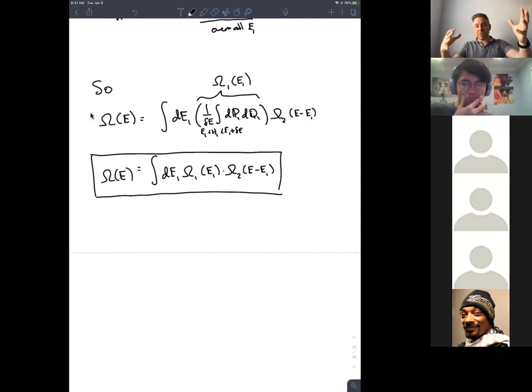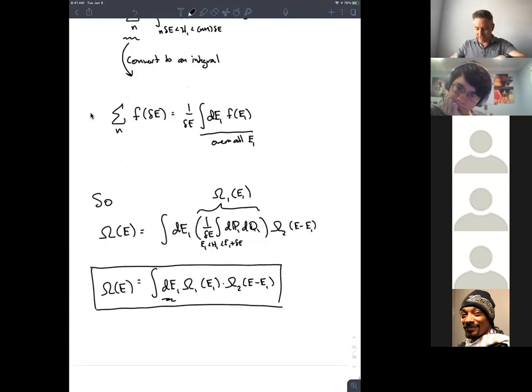All right, so in other words, to get the total density of states for the entire system, that's composed of the product of the individual density of states of each subsystem, integrated over all possible values of the energy for one of the subsystems.